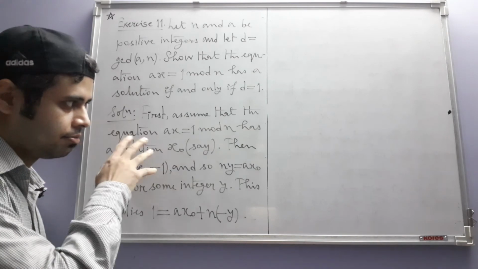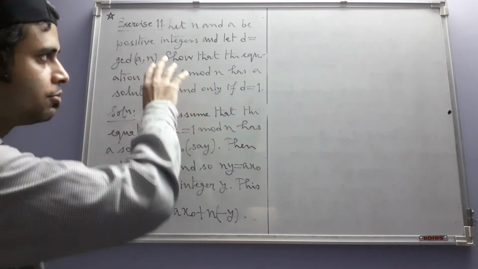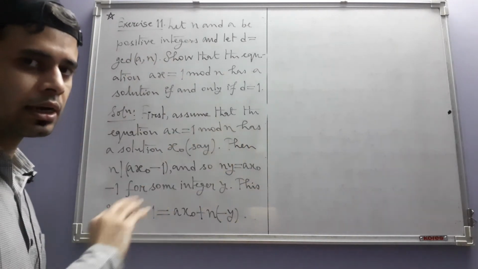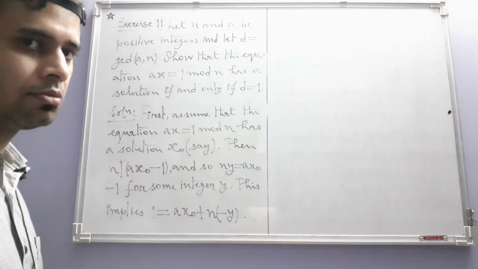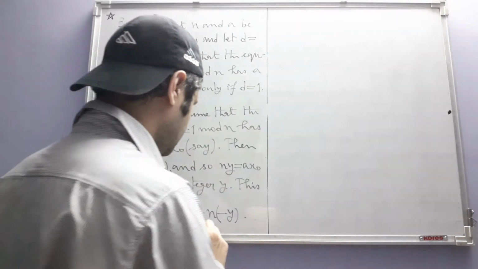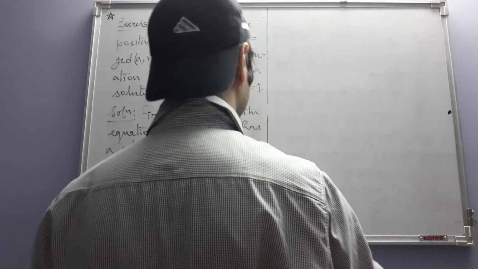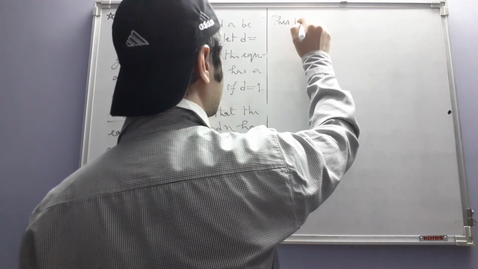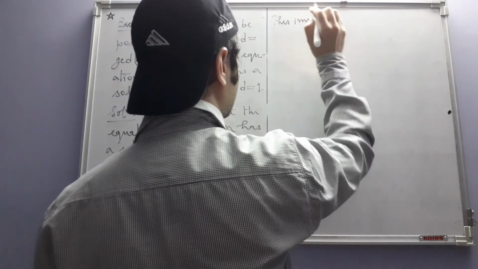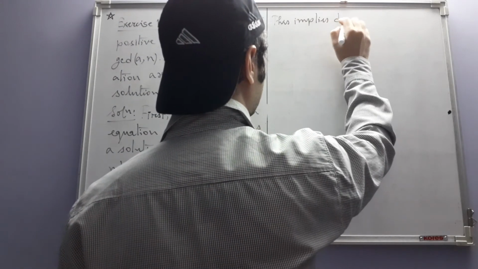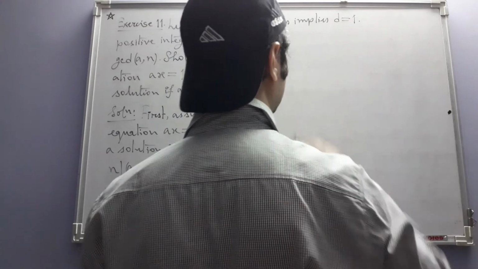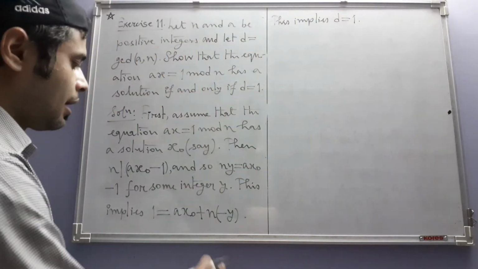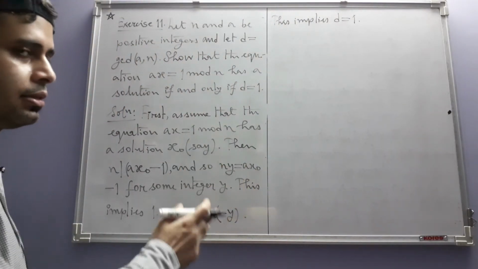But then I remembered that we haven't proved that the two things are equivalent. We have only proved one of the ways. Anyway, so this implies D is equal to 1. How this implies D is equal to 1, that you already know.